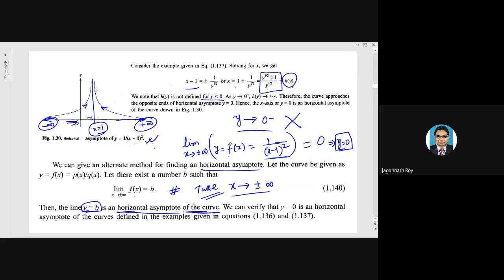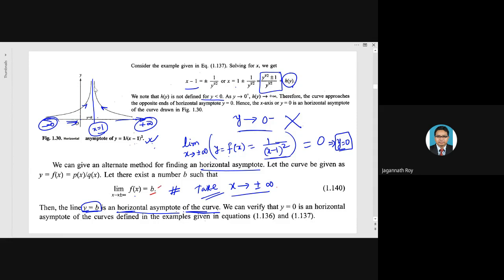In fact, here we have mentioned that B is a finite number. There exists a number. Infinity does not exist. In mathematical sense, we say there exists a number. Infinity is not a number. It does not exist. This is just a concept of what will happen if we go further and further. So this is not a point or any number. So B should be finite.